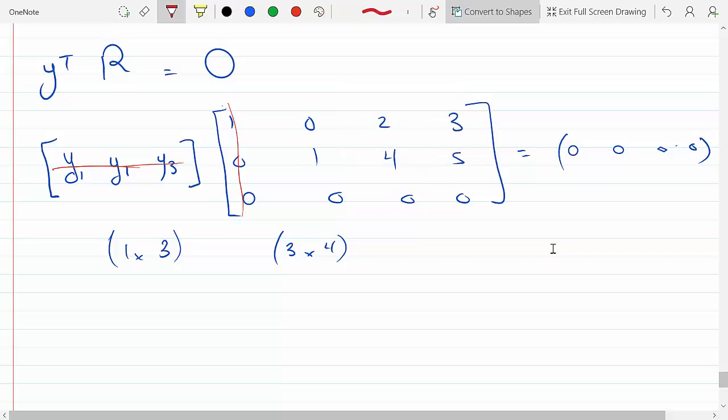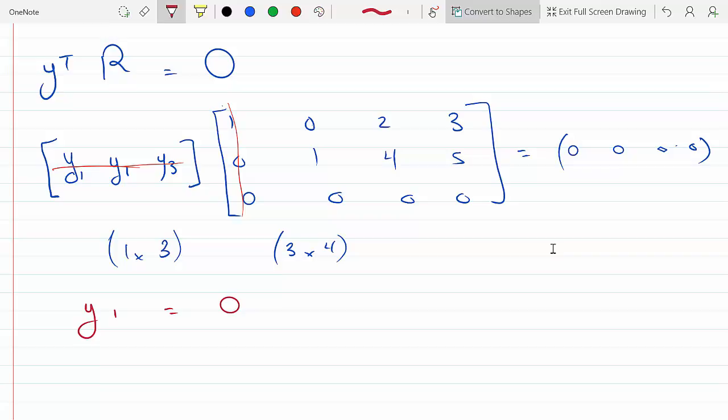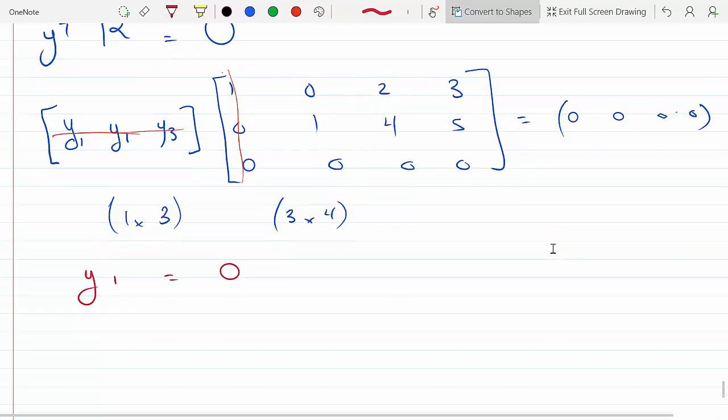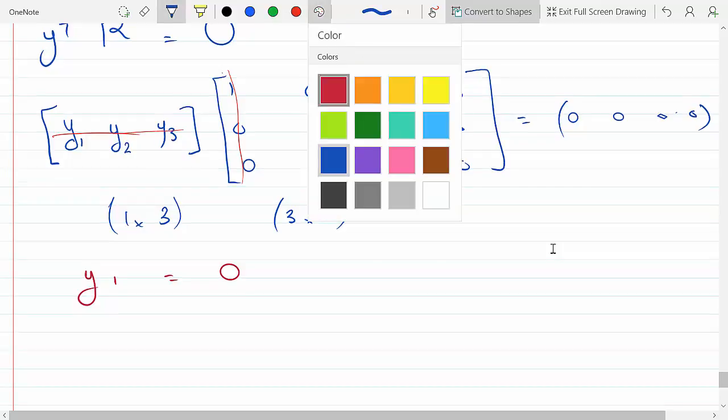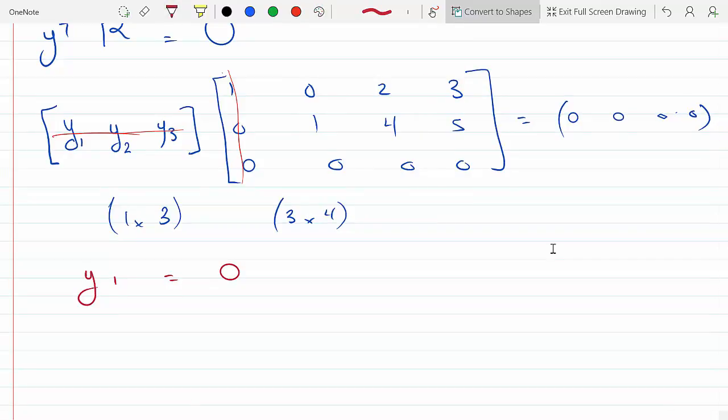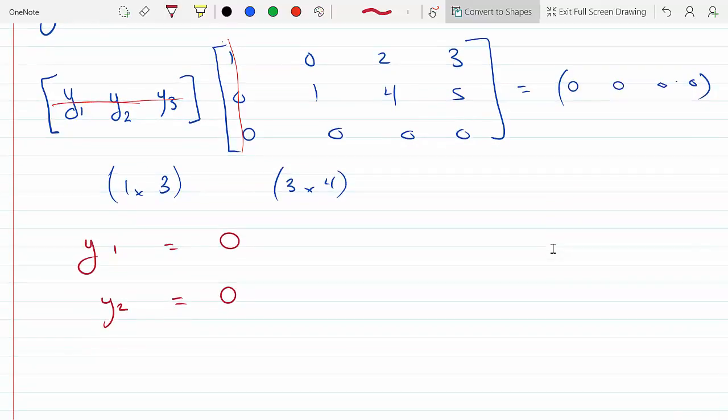So we get y1 immediately equals 0, right? Right away, y1 equals 0. The second equation will also get you, oops, sorry, this is y2, not y1. So 0 times y1 plus y2 times 1, which is y2, plus 0 times y3 equals 0. So y1 equals 0, y2 equals 0. And now if I go to the third equation, I have 2y1 plus 4y2 plus 0y3 equals 0.